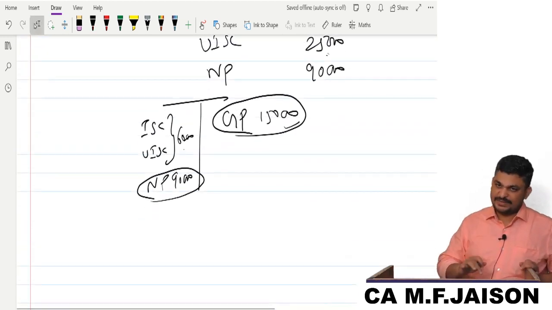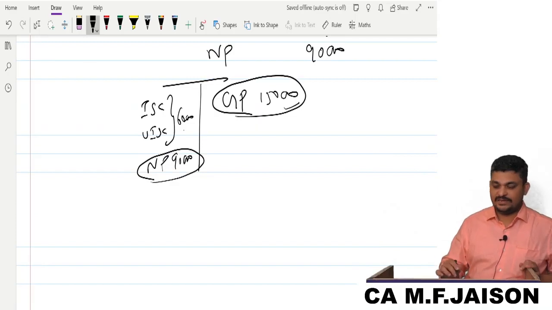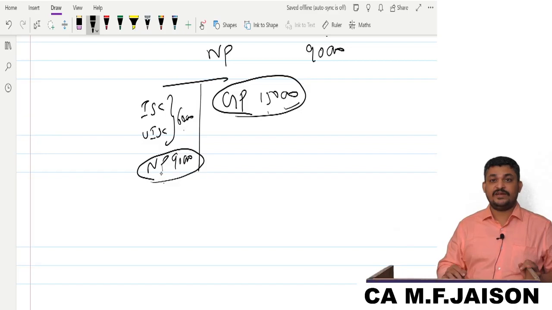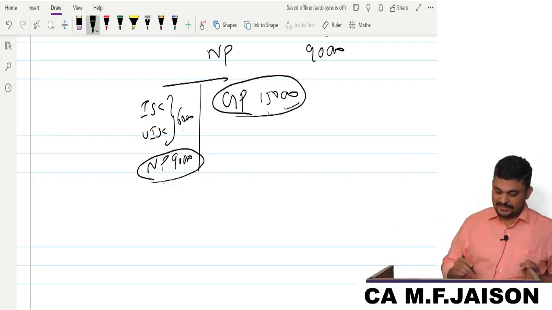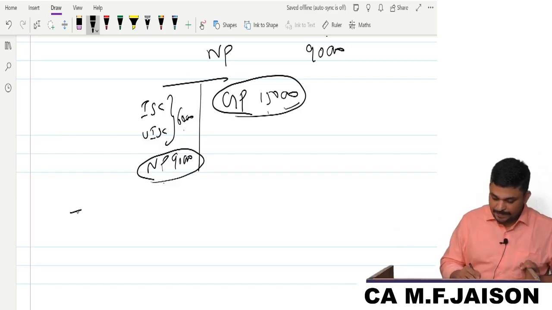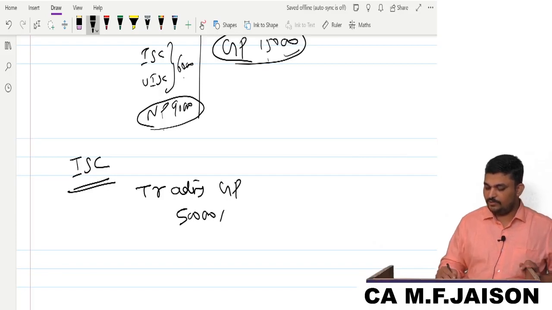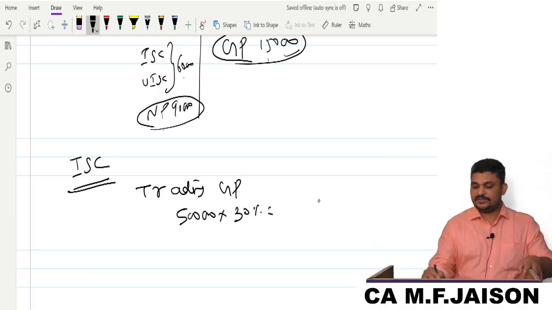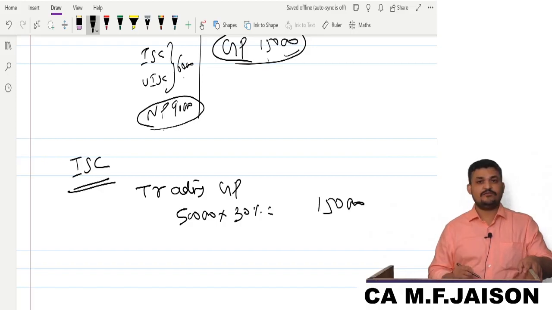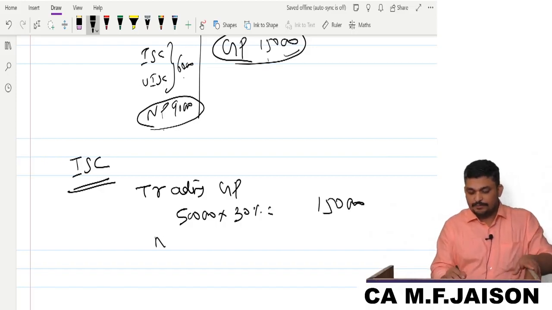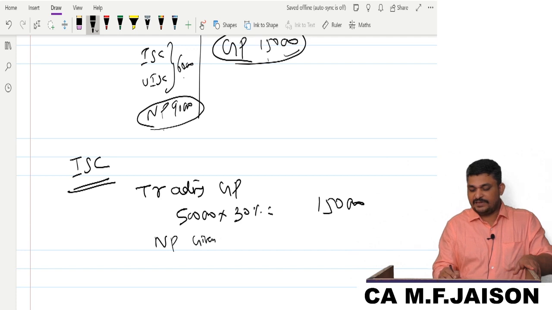Anyway, our presentation starts here. This is not our presentation, only for you to understand that the difference between gross profit and net profit will give you total standing charges. So I am going to find out here the insured standing charges. So it is trading gross profit, which is equal to 5 lakhs into 30%, which is 1,50,000, and then we have net profit given in the question as 90,000.